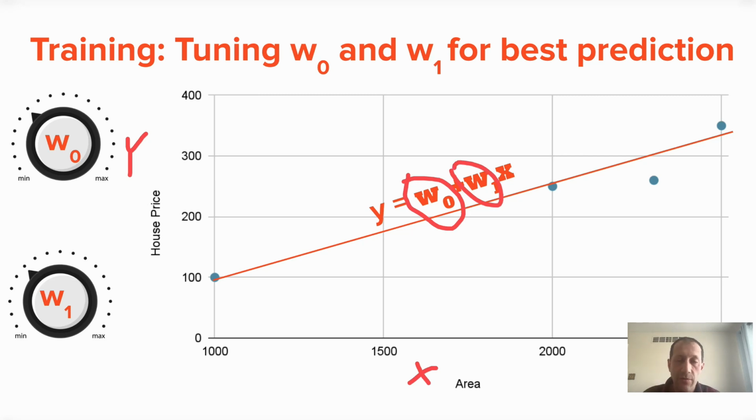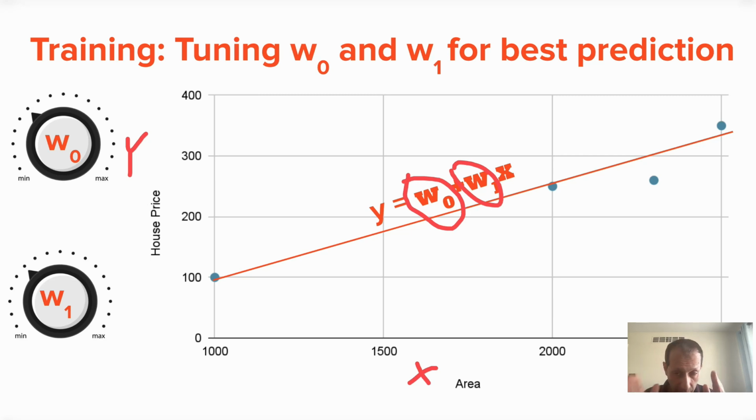When you start the training, you assign some random values for W0 and W1. And during the training process, all you're trying to do is to turn these knobs of W0 and W1 to find the line that best fits your data. And that's pretty much the recipe for machine learning.